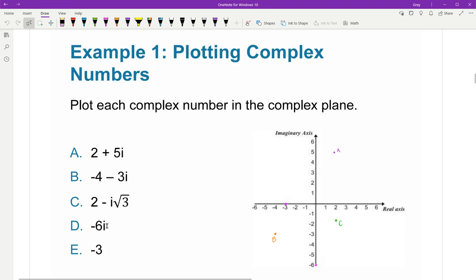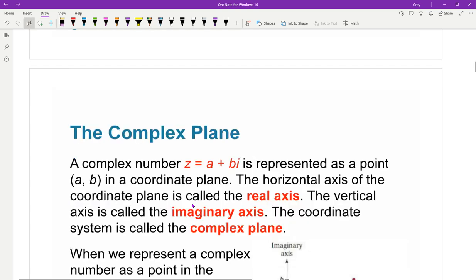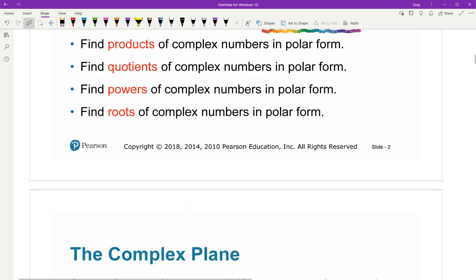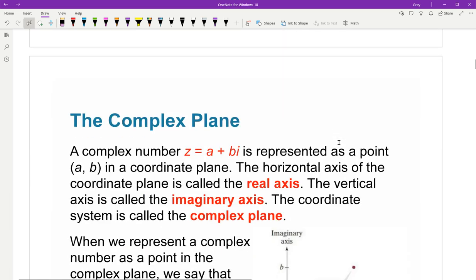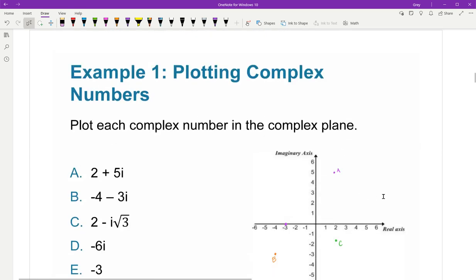So I'm just going to negative 6 on the imaginary axis, which makes that point D. And E, which is negative 3, is going to be negative 3 on the real axis. Where was I? Right here. This is point E.